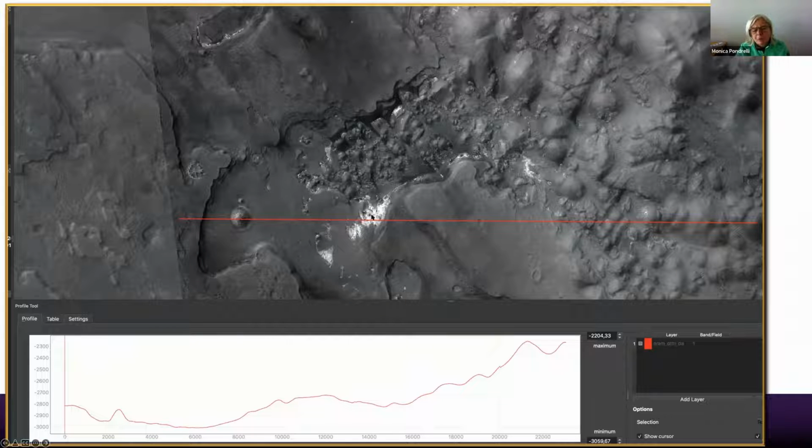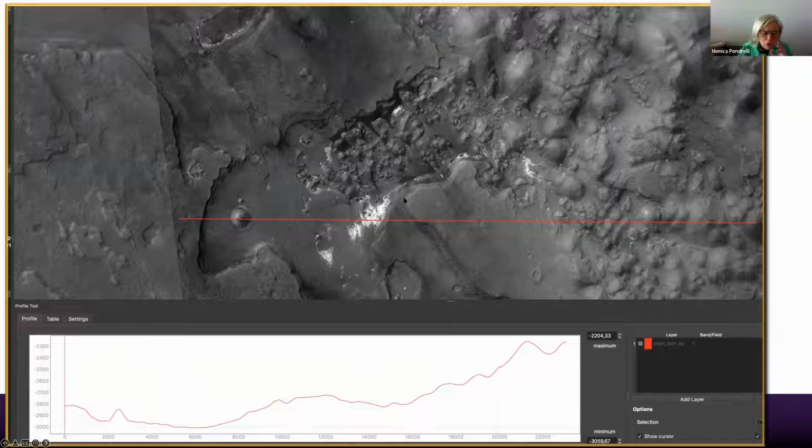Let's start from the light tone deposit. We will see that they are layered. These are the knobs. Here, these huge, of course, they are big guys. And this is a unit capping the layered deposits. In fact, it's called a cap unit.